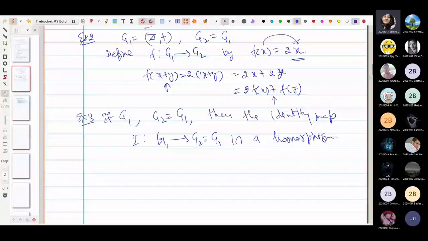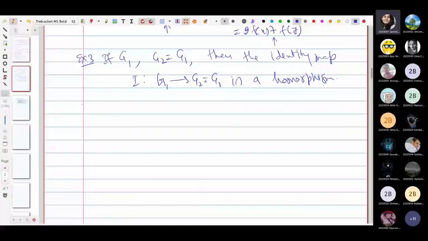So this is one trivial homomorphism, that is, the identity map from G1 to itself. From a group to itself there always exists a homomorphism, in fact an isomorphism, that is the identity. And you can verify that; that is absolutely no problem.